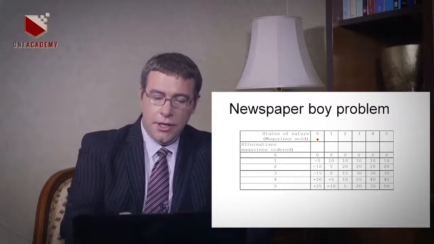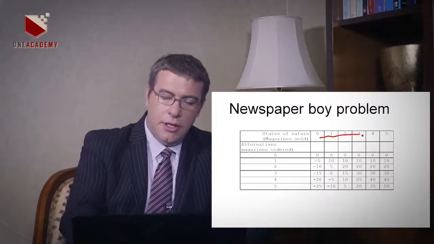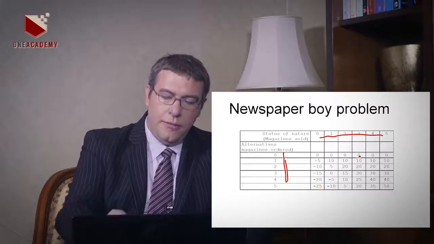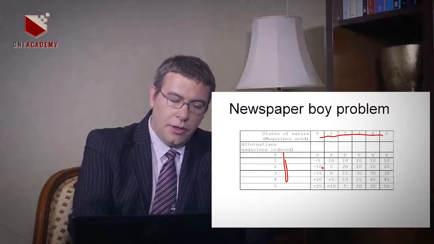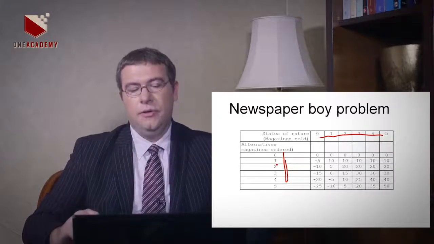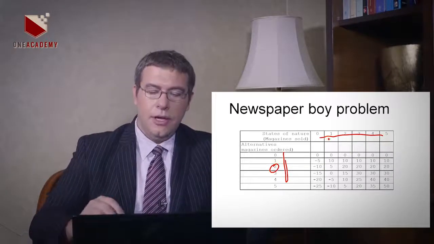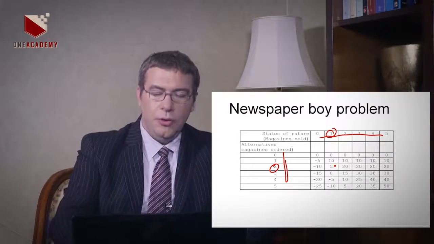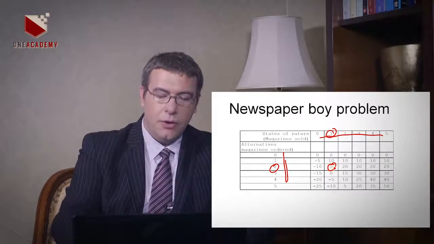Let's see here. These are the states of nature. These are the alternatives. Let's say I have ordered 2 magazines this week and there is only 1 customer. I'm going to earn 5. Why 5?